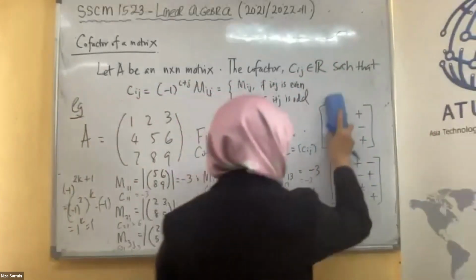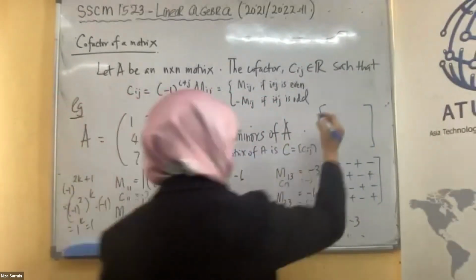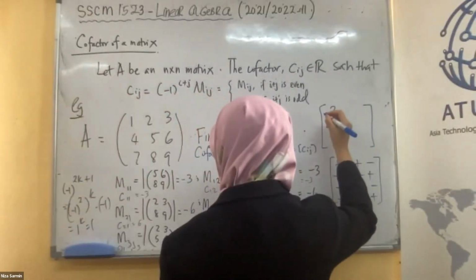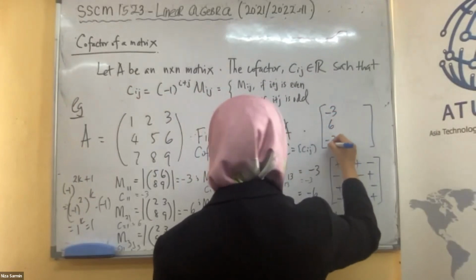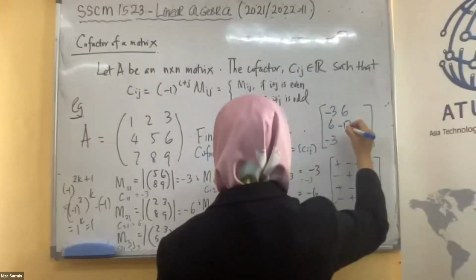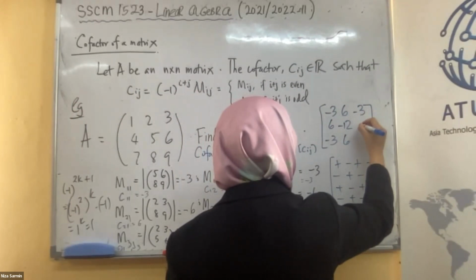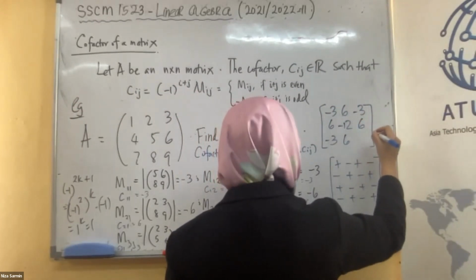So for this particular one, I just copy: -3, 6, -3, 6, -12, 6, -3, 6, -3.